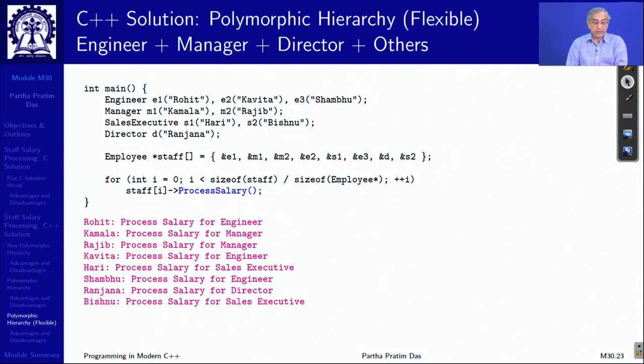The processing code has now seamlessly been able to add a sales executive, and note, very importantly, this code does not need to change, no change in that code. Your hierarchy has extended, and you are making this call from the abstract base class pointer employee, which will get dispatched to either an engineer or a manager or a sales executive or a director, as the case would be, and you do not need any changes there. Right. Beautiful, is not it?